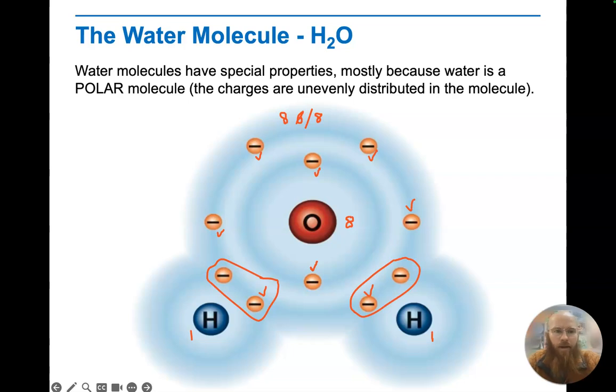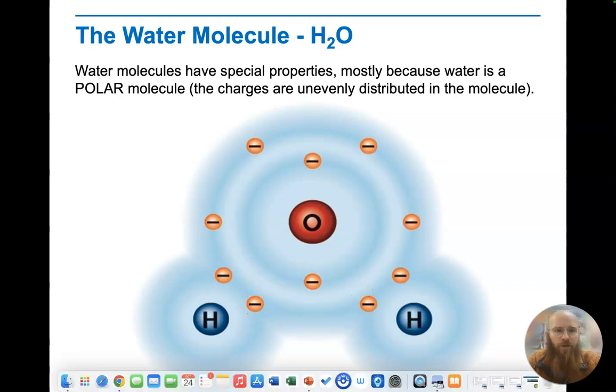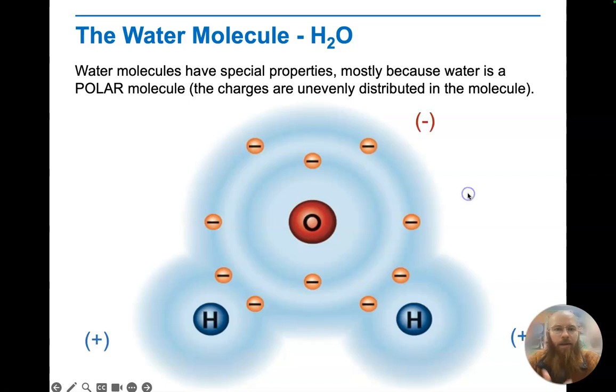And once we've achieved that, what's going to happen is that we're going to see a partial positive and a partial negative. Here's why. Whenever I bring in those new electrons for my oxygen, remember, oxygen has 8 protons. That's a lot more positively charged than the 1 proton that my hydrogens have.